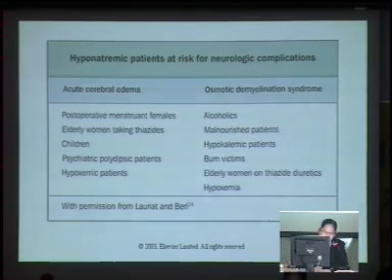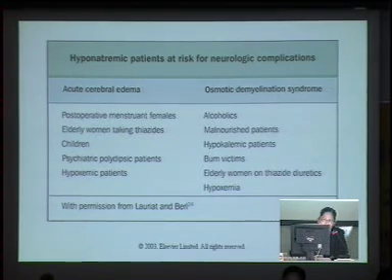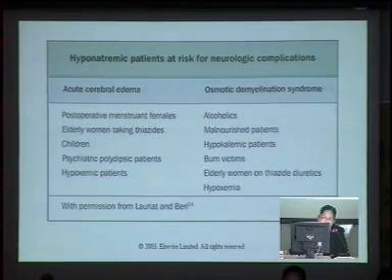Why do we have to manage or treat hyponatremia? When a patient develops hyponatremia, it means cell edema, and you worry most about the brain, where it would cause cerebral edema. This group of patients is prone to acute brain edema from hyponatremia: postoperative women, elderly women taking thiazide diuretics, children, psychogenic polydipsia patients, hypoxic patients.